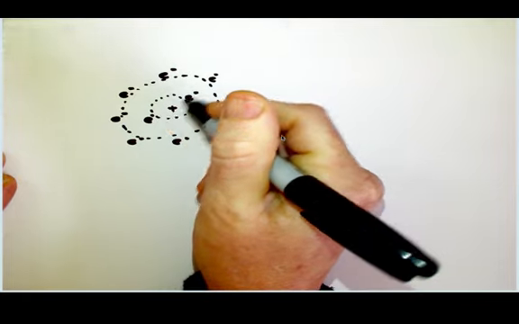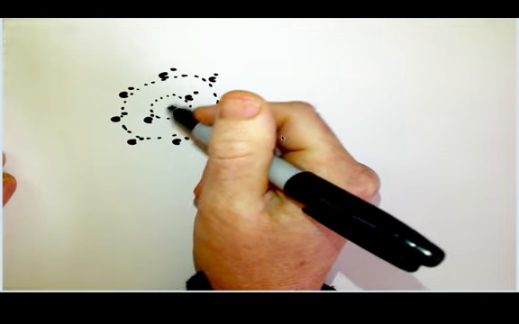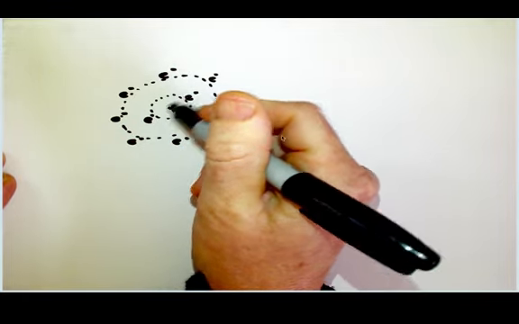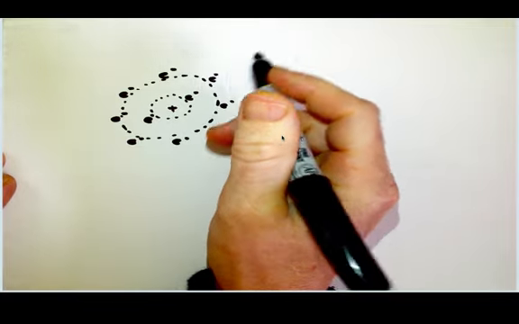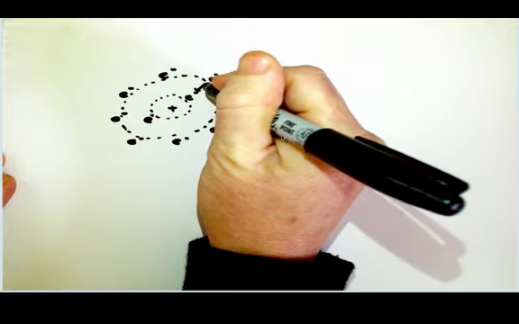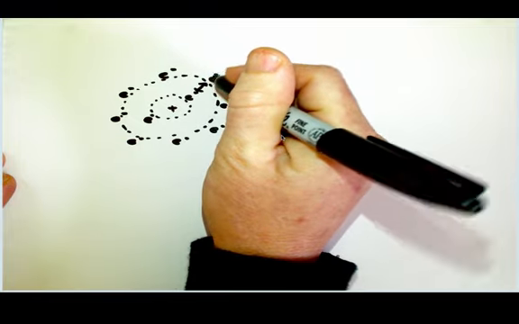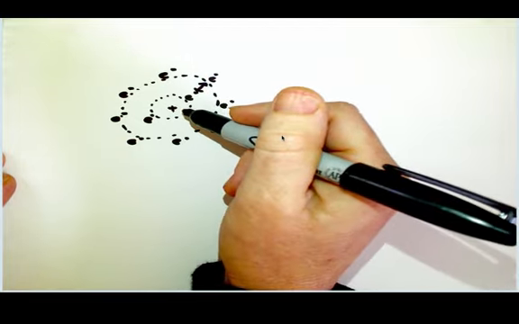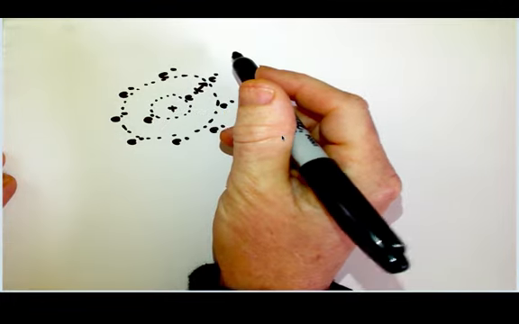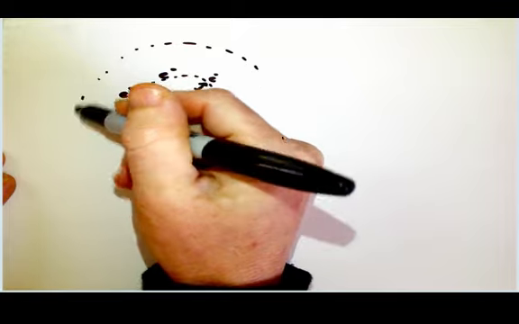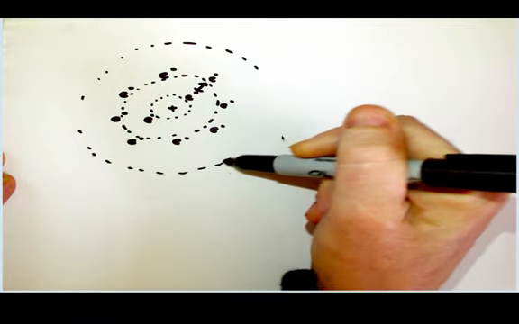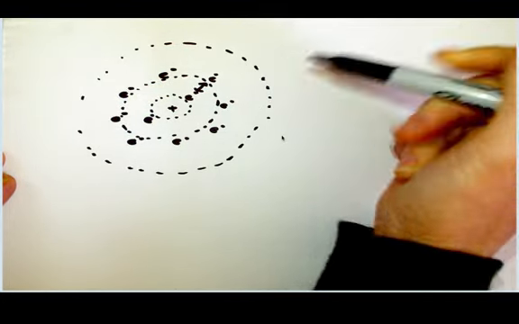These innermost electrons are feeling the full effect of the nucleus, pulling them in towards the nucleus. As we move farther away from the nucleus, we get some repulsions between the electrons that are closer to the nucleus. The farther away from the nucleus we get, the more polarizable our atom or electron can be.